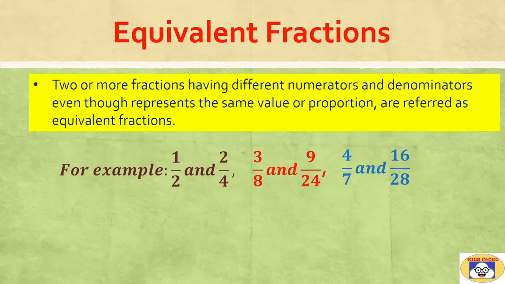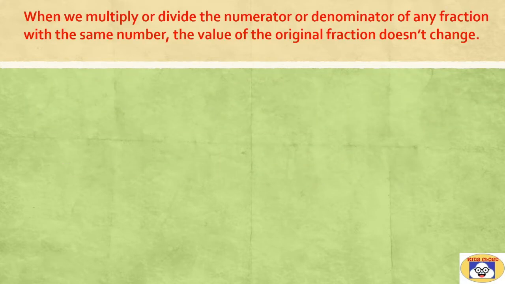Now, let's try to understand what is the exact meaning of this statement. When we multiply or divide the numerator and denominator of any fraction with the same number, the value of the original fraction doesn't change.